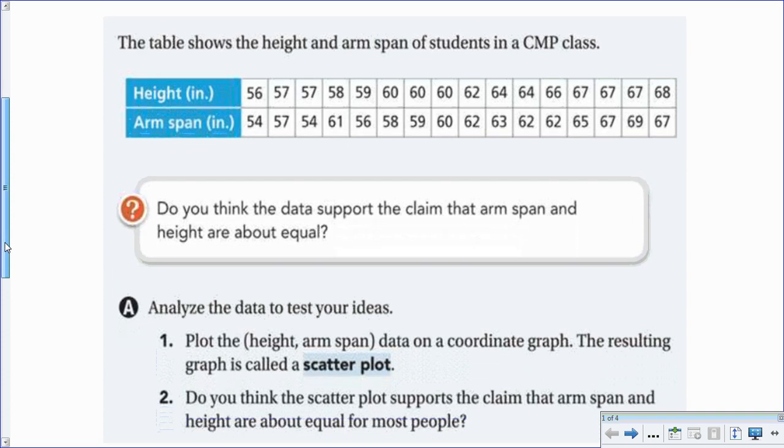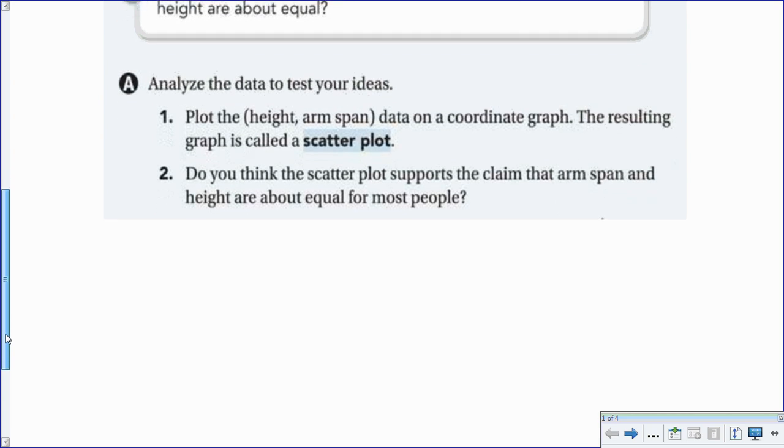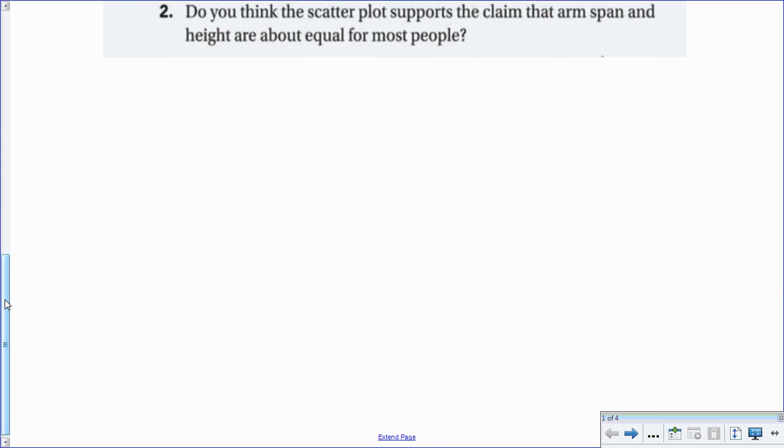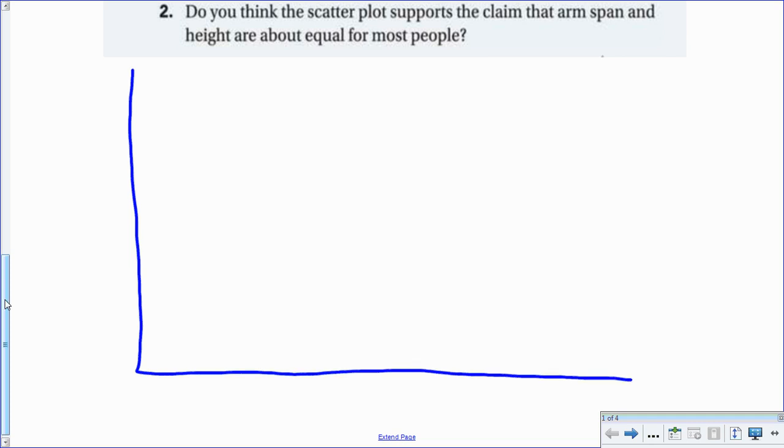So your first task is you're going to analyze this data. You're going to take this, make a graph, and plot your points. I'd recommend making a big old graph and making some space.